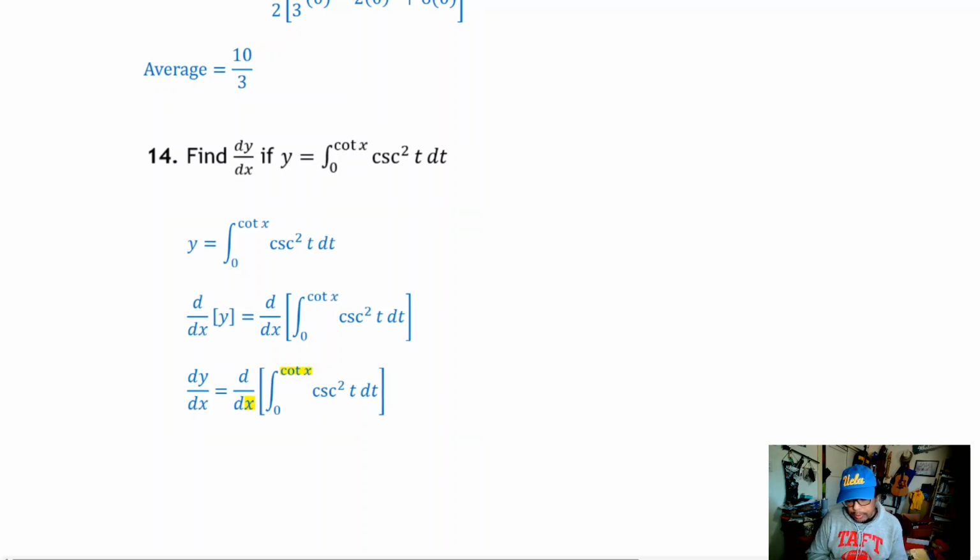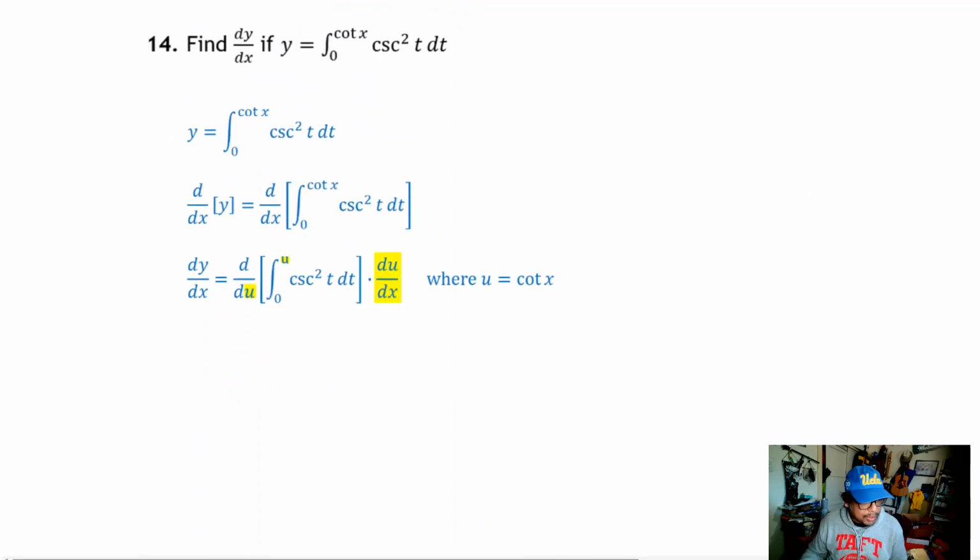So what we're going to do is make a u substitution. We're going to say the variable u is cotangent x, which means we need to multiply by du/dx at the end of this so we can get our derivative with respect to x.